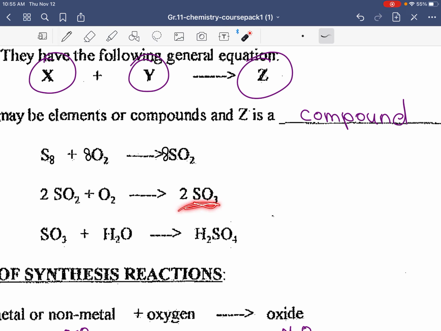Whereas this product, very light, will most likely float up into the sky to react with the water inside clouds to give you this, which is aqueous in state, acidic, sulfuric acid. Okay? All three of these reactions are synthesis reactions happening one after another. This is actually acid rain.